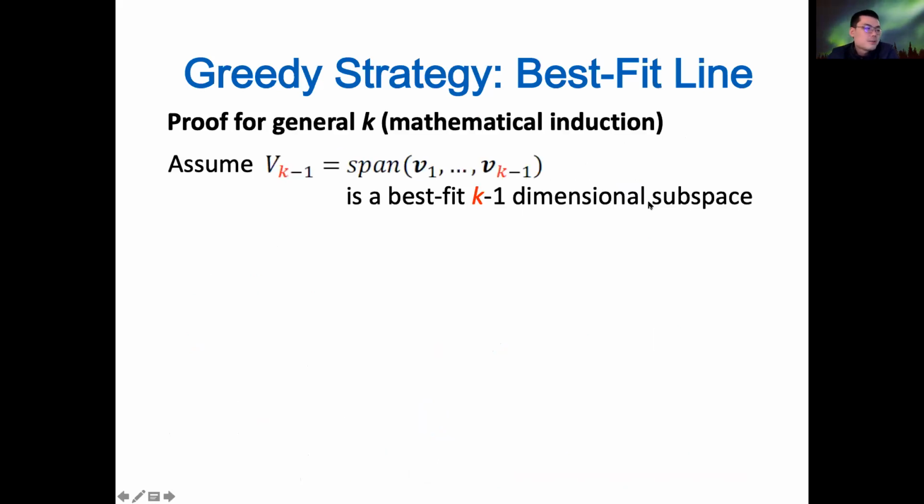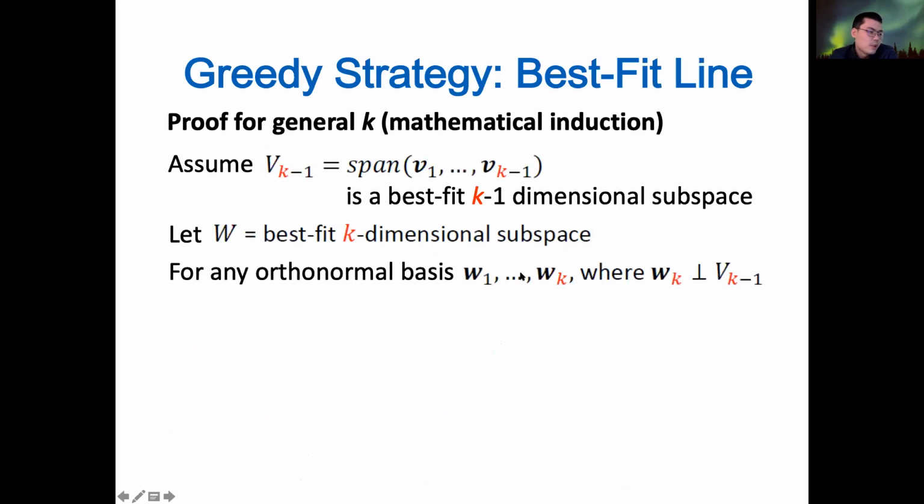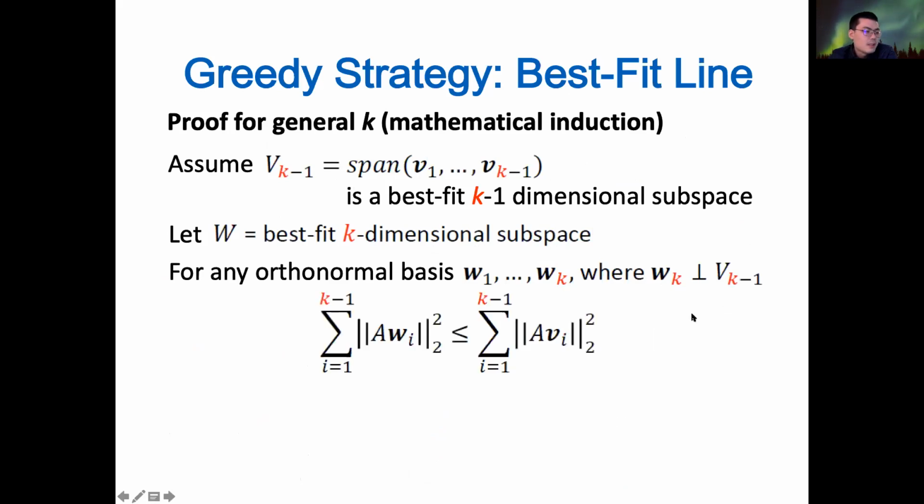Now we want to generalize this to K. Assume that all the way to K minus 1, the span is the best fit K minus 1 dimensional space. Now let's consider K dimensional space W. Just like before, we can pick a Wk that is orthogonal to the previous K minus 1 subspace. The method is similar: if it's not orthogonal, you get a projection, and you find a vector that's perpendicular to that projection.